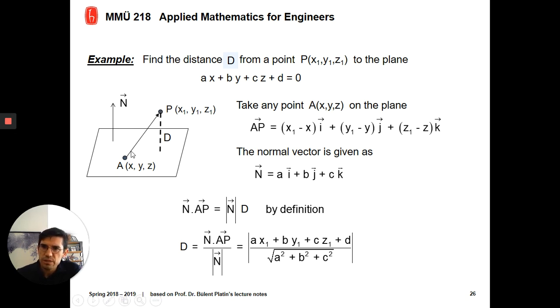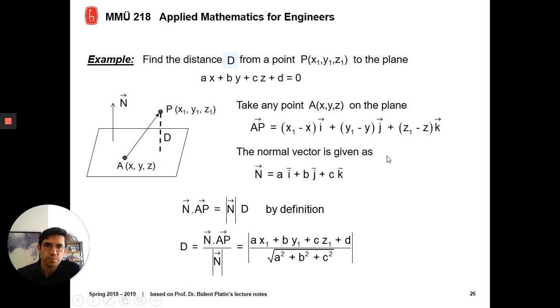But what I'm interested in is its projection to the normal vector. That will give me exactly the distance between the plane and the point.